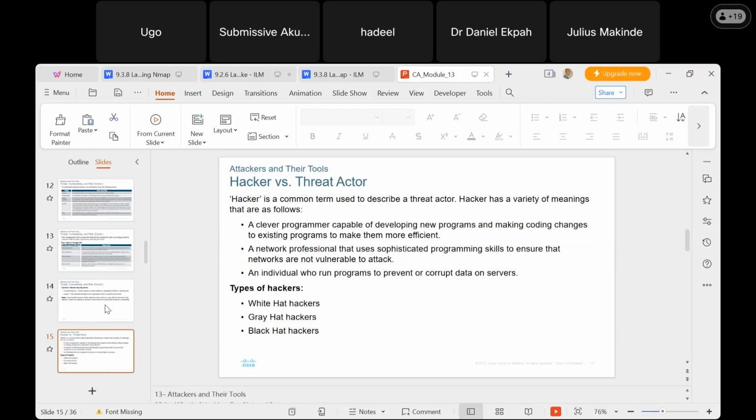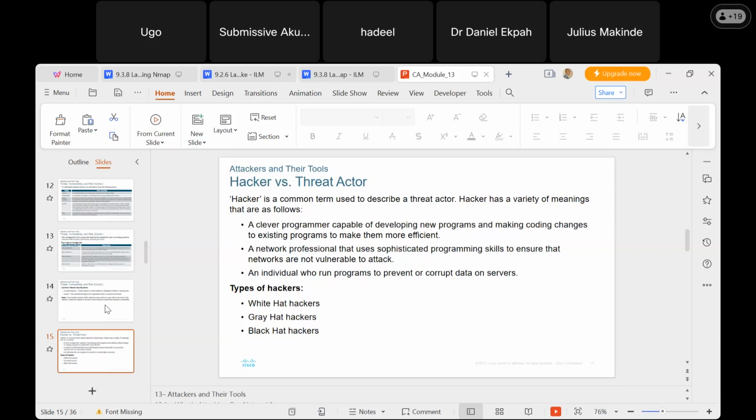But here we want to look at the types of hackers. Who are those hackers? We have the white hat hackers, the gray hat hackers, and then the black hat hackers. The white hat hackers are in a way legit because they check for vulnerabilities without any damage. They just let you know that you have these issues.